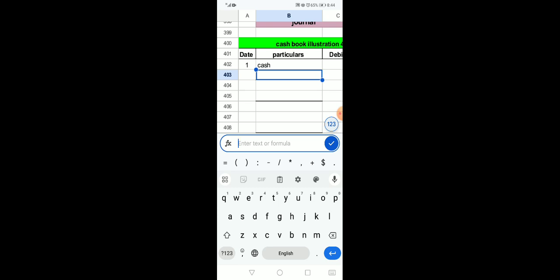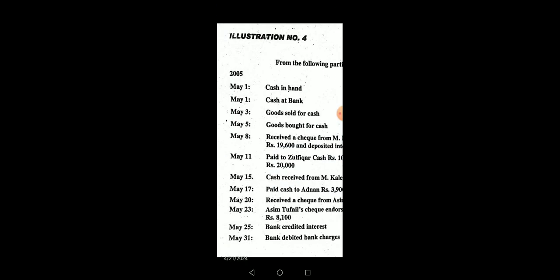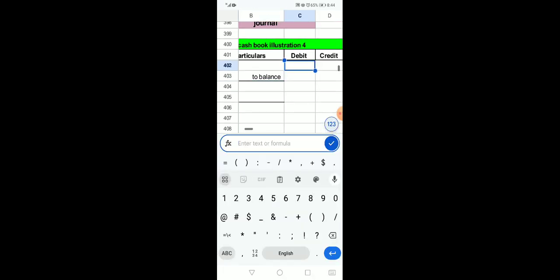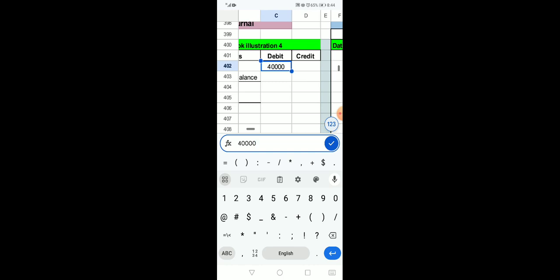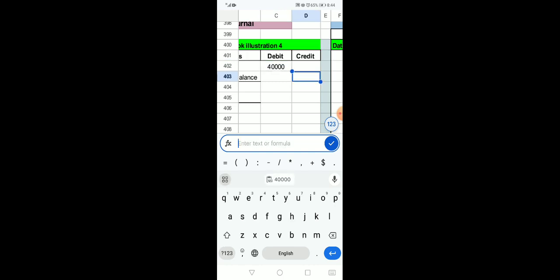Cash is not coming in. You are not paying cash. You are not receiving cash. It is just the balance. So you will write the word balance as a reference on the credit side. How much cash? The amount mentioned over here is 40,000. So you will write 40,000 over here, and the same amount you are going to post on the credit side.